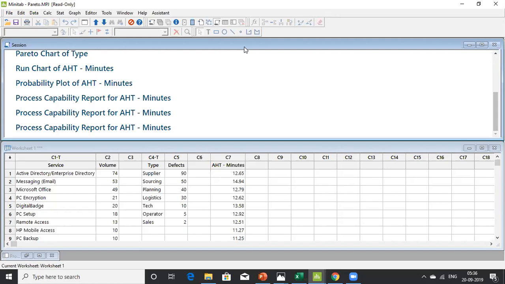So what we do is, if we get a comparable process, we take that process and do a capability analysis like we did, and we get a sigma level, and we keep that as the benchmark for us to improve. Or if it's an industry benchmark that we are using, we obviously take that as the target for us to meet in terms of sigma.